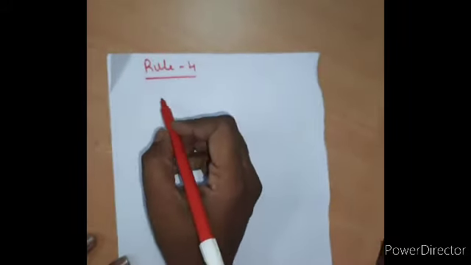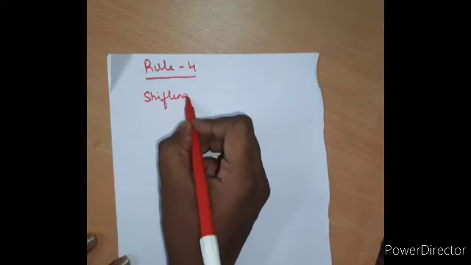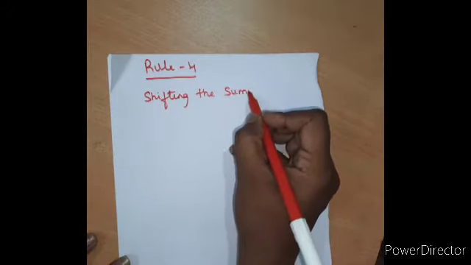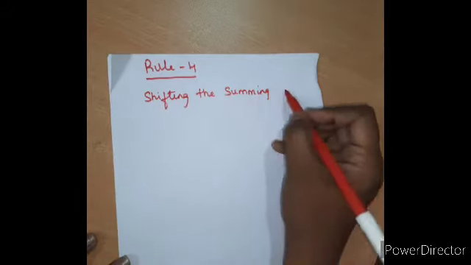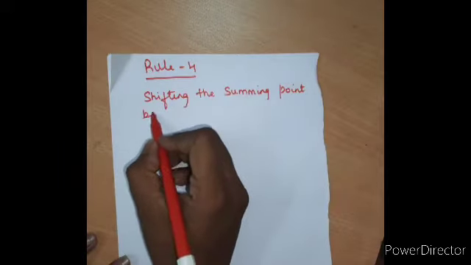Rule number 4 is shifting the summing point behind the block.